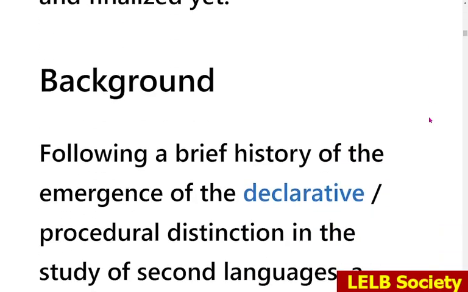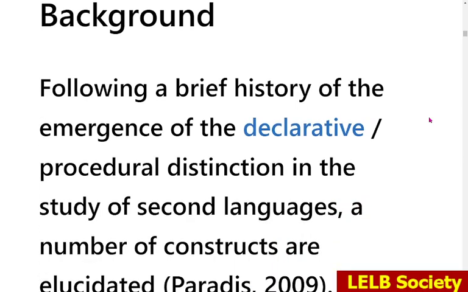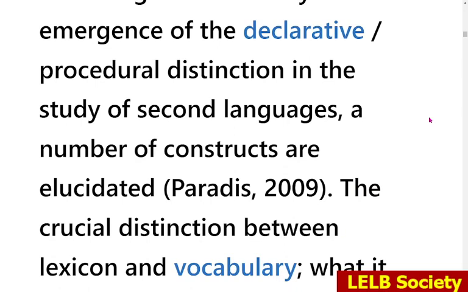Background. Following a brief history of the emergence of the declarative and/or procedural distinction in the study of second languages, a number of constructs are elucidated. Paradis, 2009.